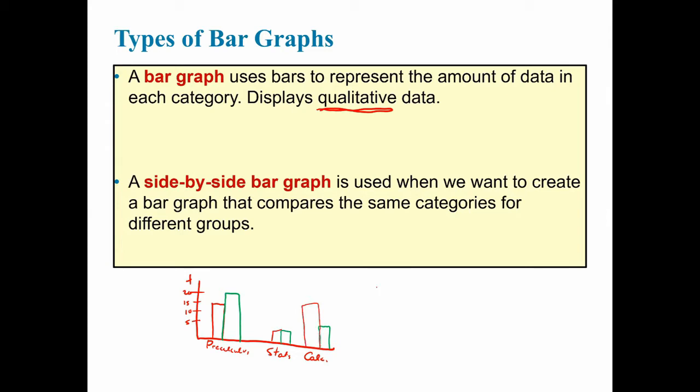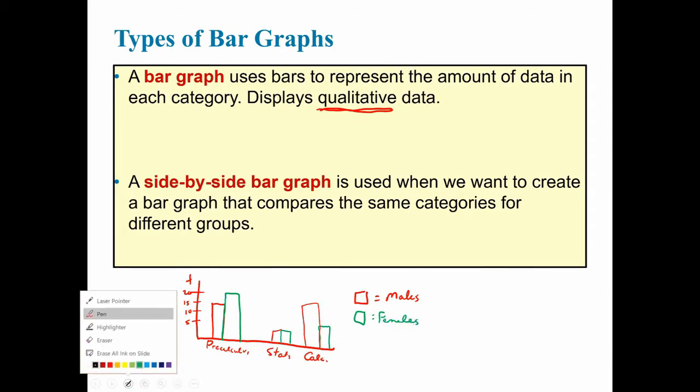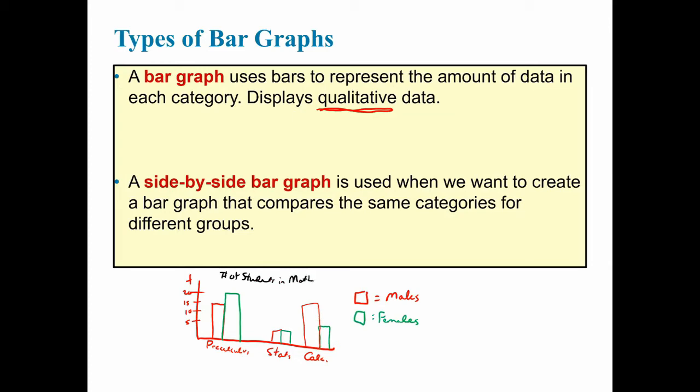And so in this case, we need a legend to tell us which color is which. Red, in this case, we said was males, and green is females. And you also have to have a title, so in this case, number of students in math class, for example.